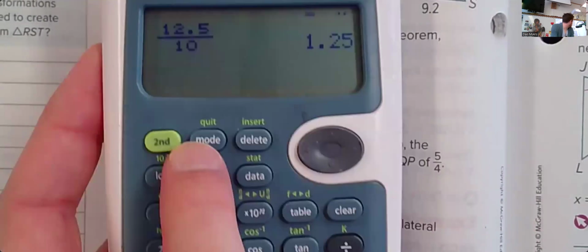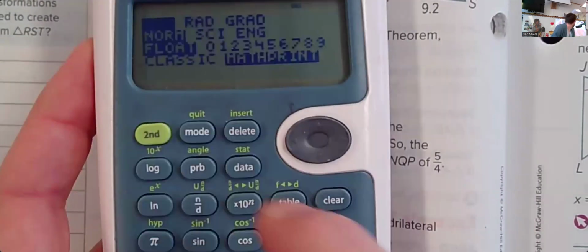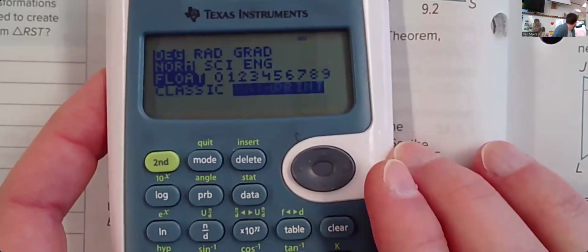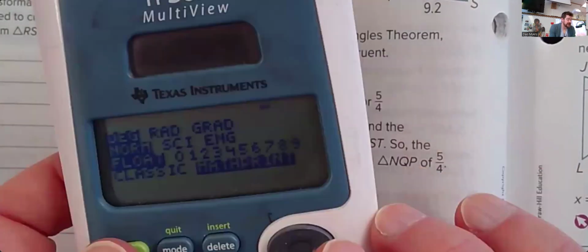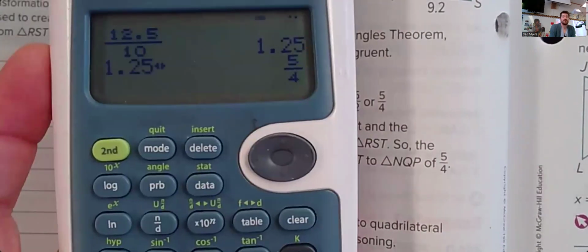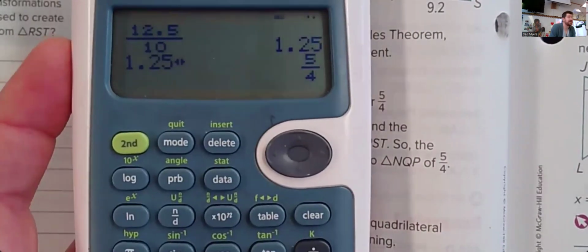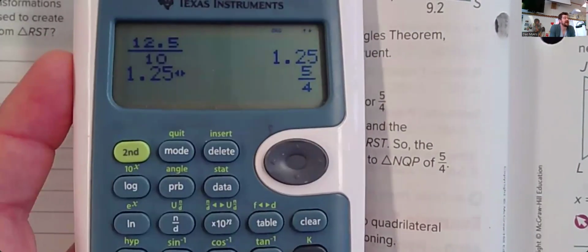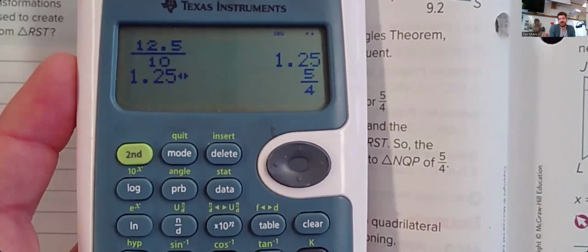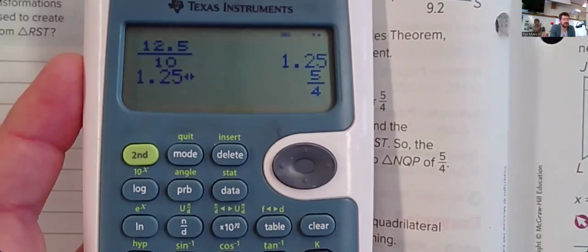So if you click on the mode button right next to the second, oh, it does say math print. That's weird. So we're good there then. So hit quit. Just push the button above enter then. If it says 1.25, just hit the button above enter and it should take it to a fraction, 5/4. So if it gives you a decimal, just push the button above enter, the little left, right arrow button, and it'll switch it back to a fraction.